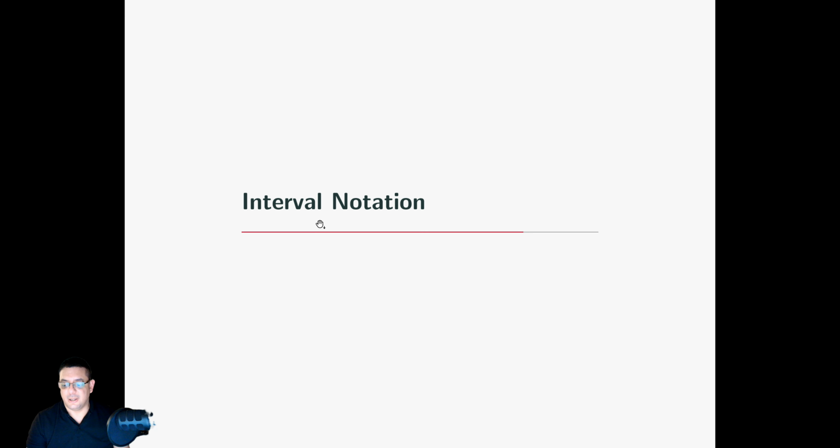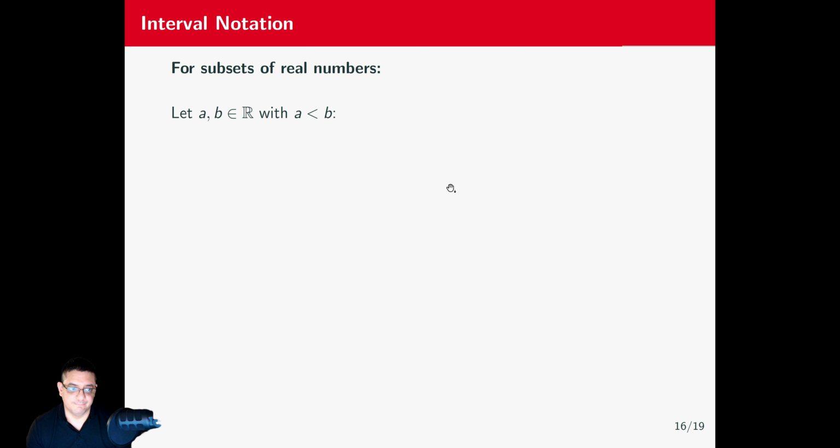Now, last, to conclude the review of things in sets, we have the interval notation. So for subsets of real numbers, let a and b be in R with a less than b. We have the open interval, which is all the elements in R that are bigger than a and less than b, not inclusive.